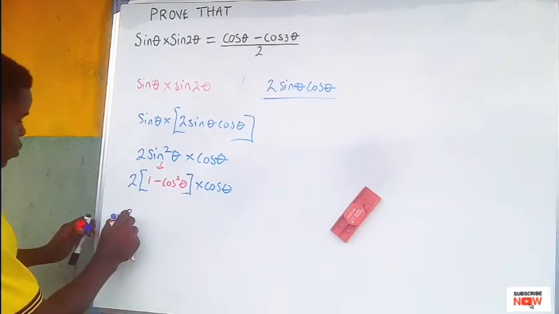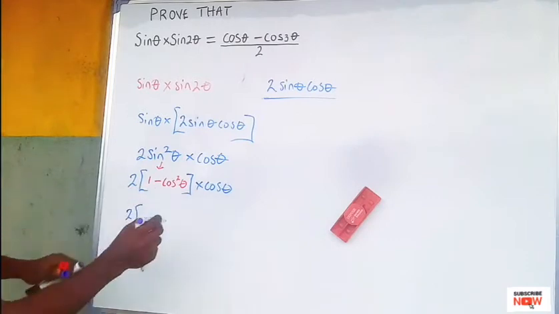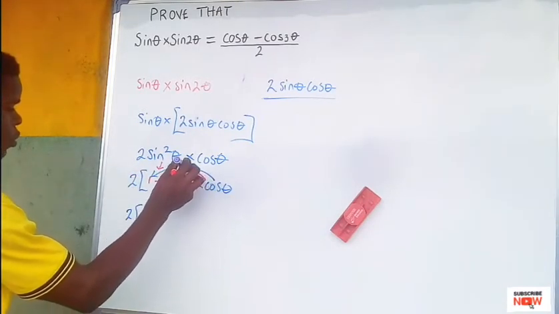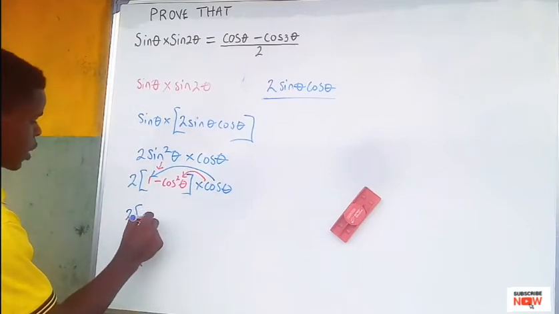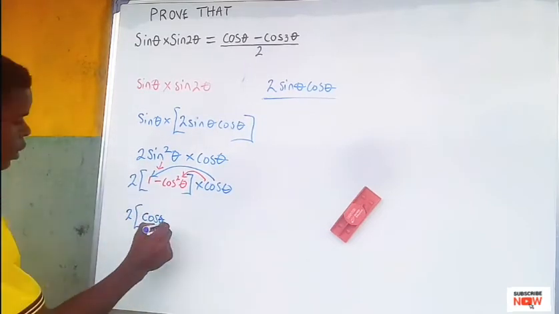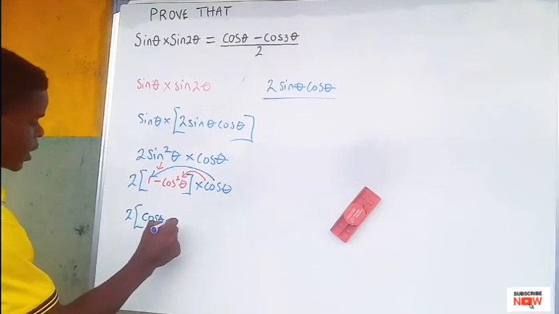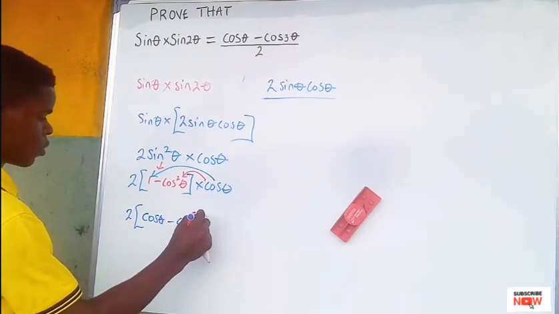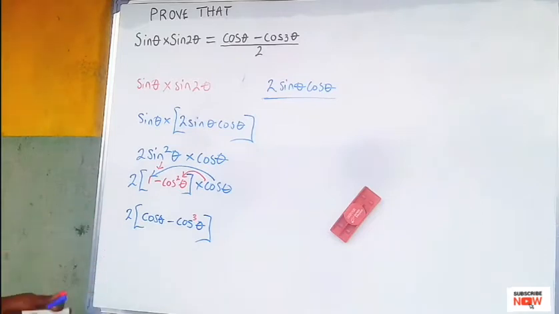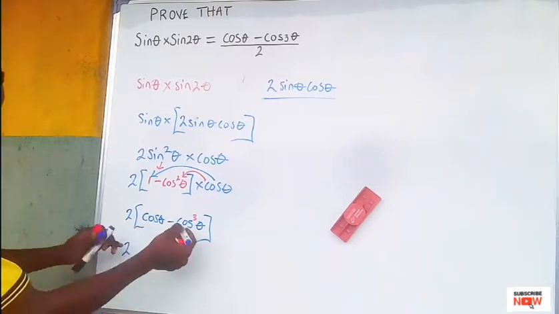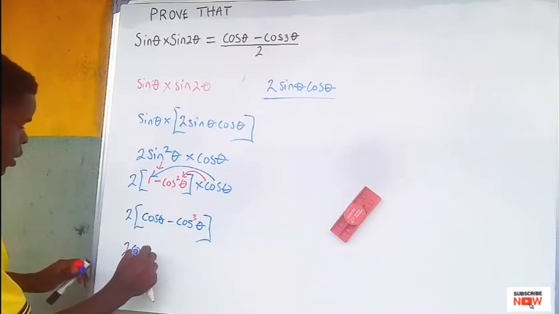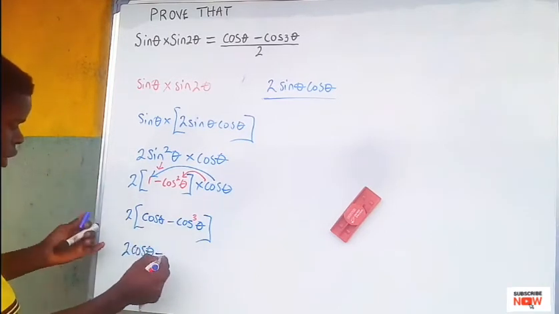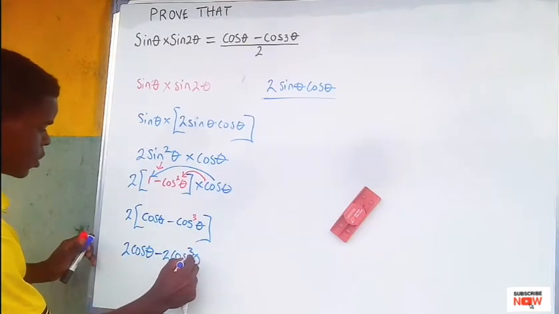We have 2 times cosine theta times 1, and cosine theta times cosine squared theta, which is negative cosine cubed theta. At this point, let's multiply the 2 out. Multiplying through by 2, I will have 2 cosine theta minus 2 cosine cubed theta.